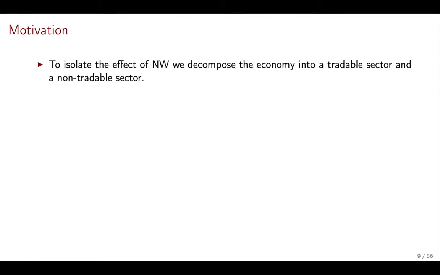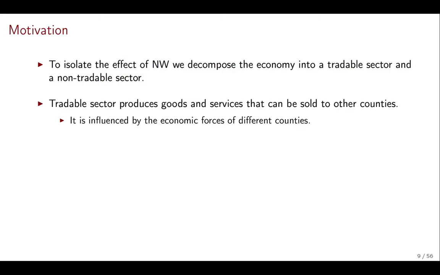Now, to do that, they are first going to have to divide the economy into two big sectors, the tradable and the non-tradable sector. The tradable sector is going to produce goods and services that can be sold to other counties. So it is influenced not only by the economic forces in the county where they are placed, but also in other counties.